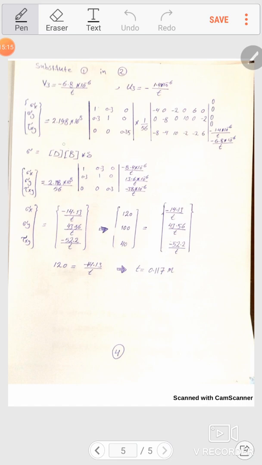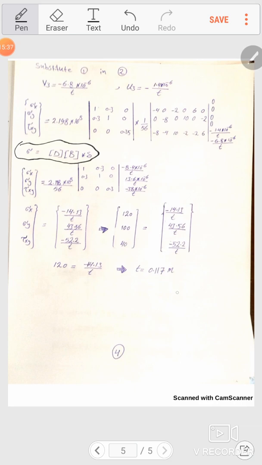After that, just substitute the values into the rule of stress: the D matrix and B matrix times the displacement.